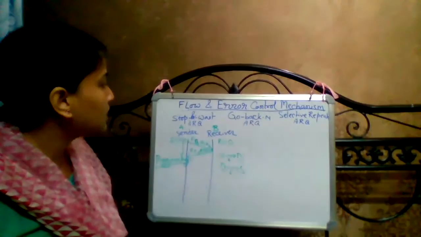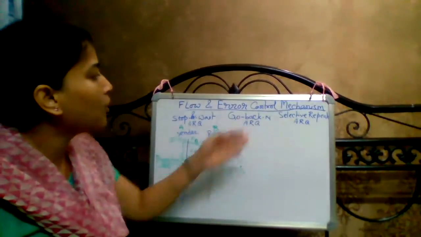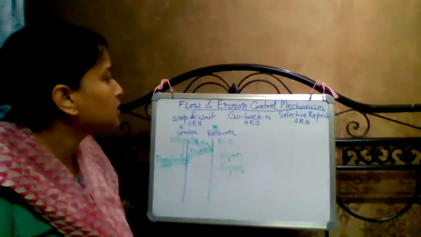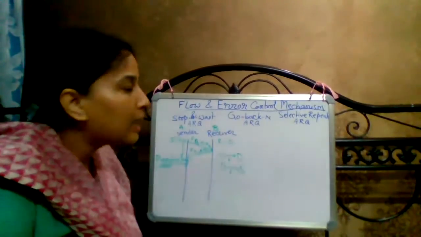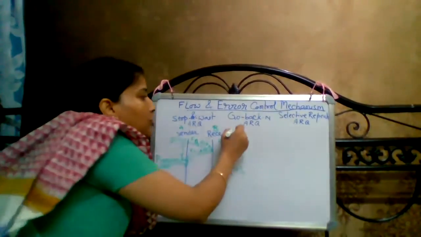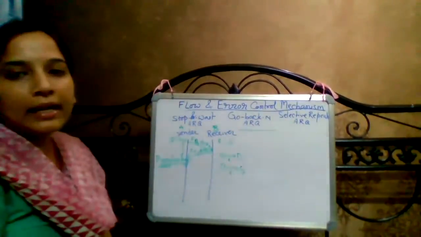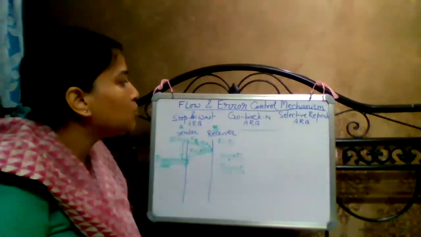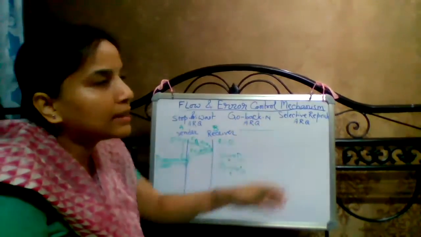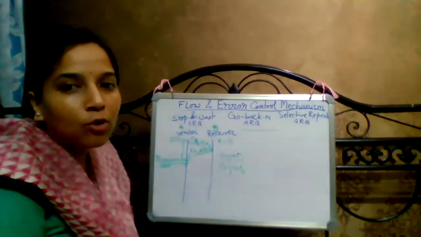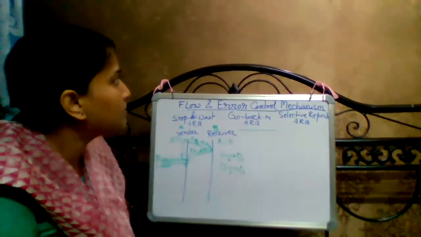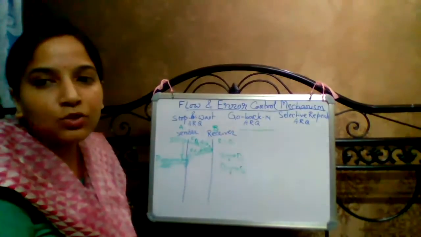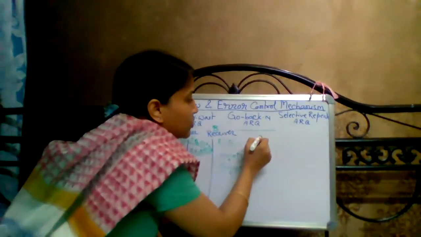So for this problem, we'll go for the next procedure, that is Go-Back-N ARQ. Before we enter into Go-Back-N ARQ, note that Go-Back-N ARQ and selective repeat ARQ follow a different procedure and protocol, known as the sliding window protocol.